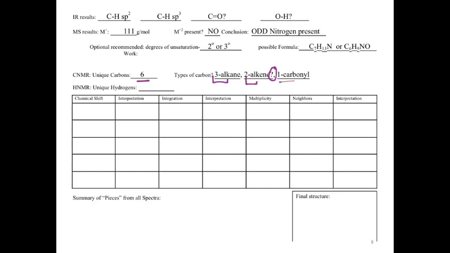Okay, so we can start to process a little bit of this, and we could immediately say that our C7H13N isn't going to work because we have a carbonyl. So we could also cross out the degree of unsaturation. This also suggests that we could eliminate the question mark, and we're really looking at a carbonyl for sure.